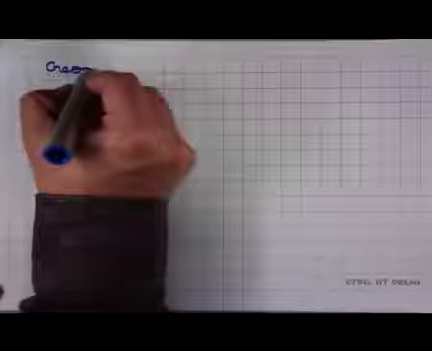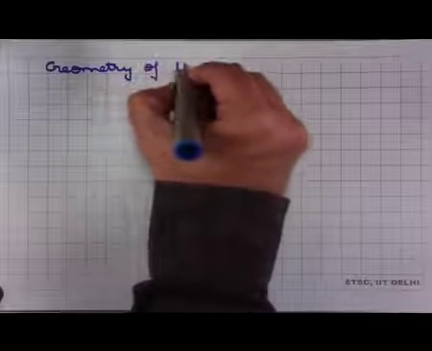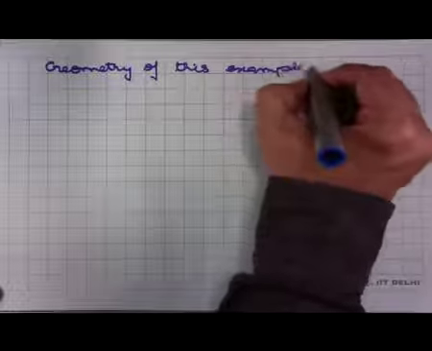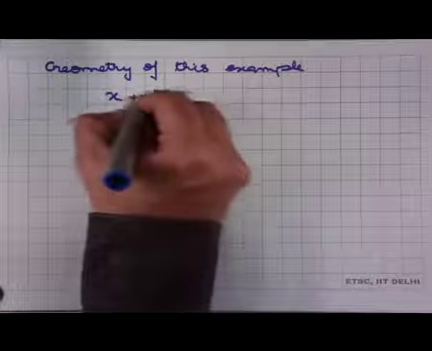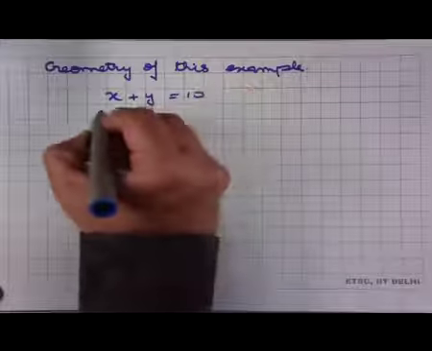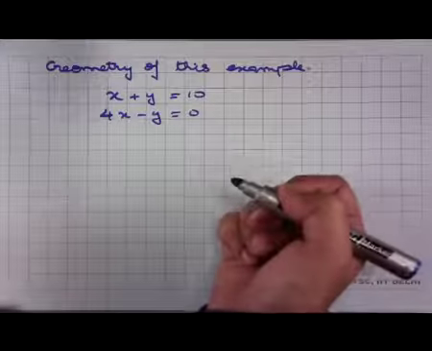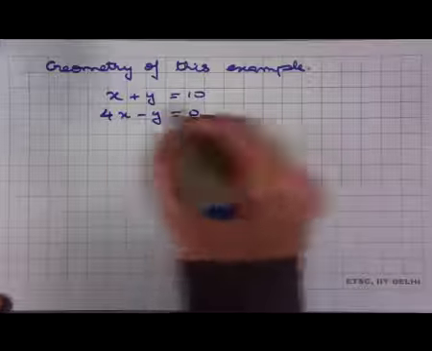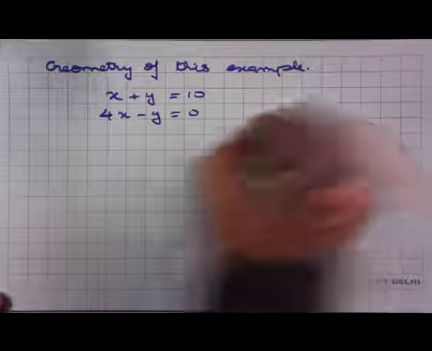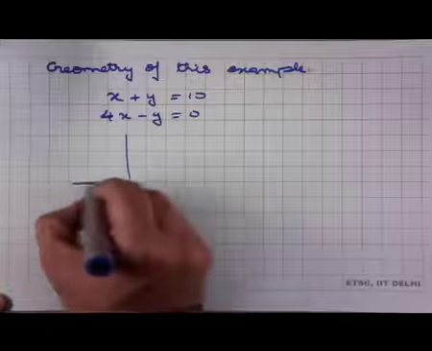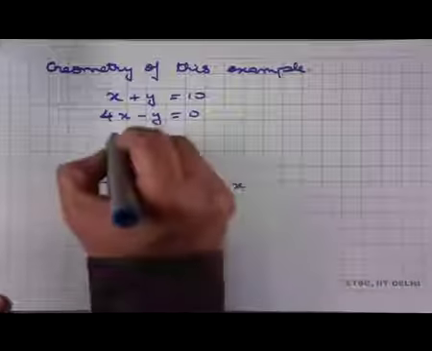So, the geometry of this example. These are two equations: x plus y is equal to 10 and 4x minus y equal to 0. Now, looking at these two equations from a geometric point of view, these are equations of lines in a coordinate frame. So, let me draw it down. This is a coordinate frame, let us say this is the x axis, this is the y axis.